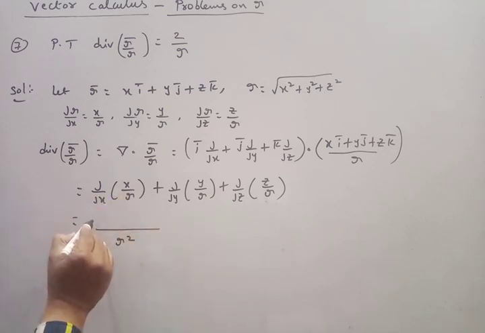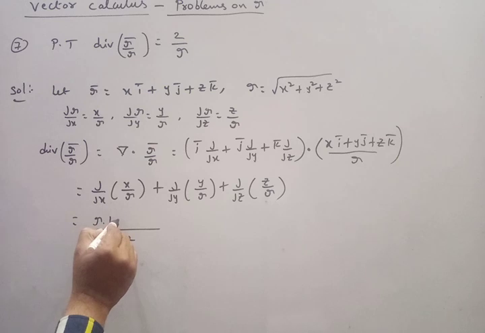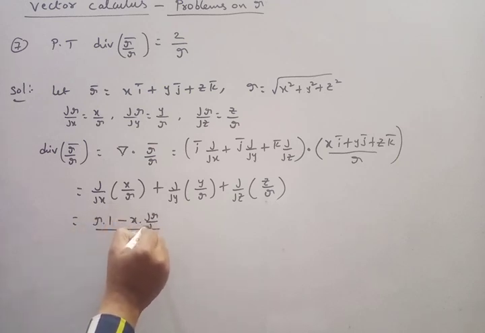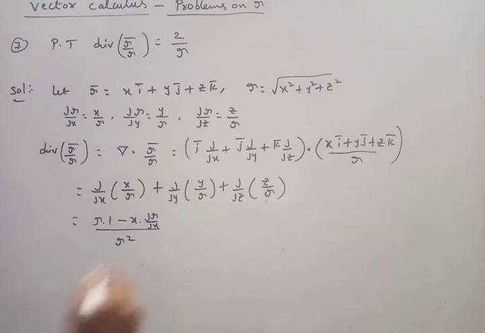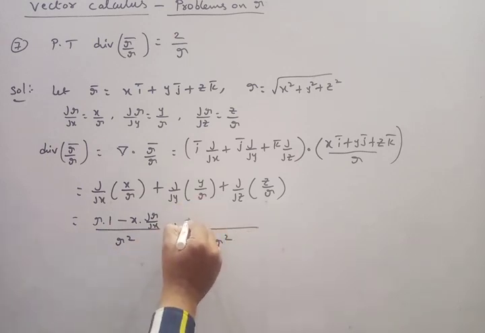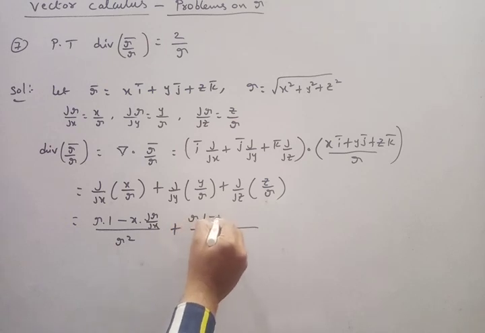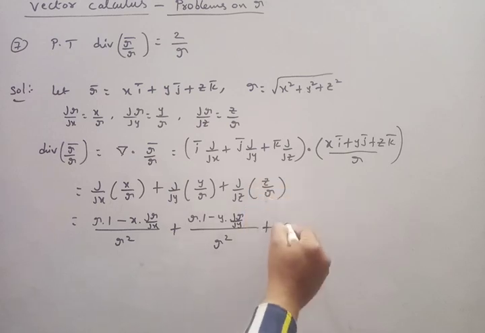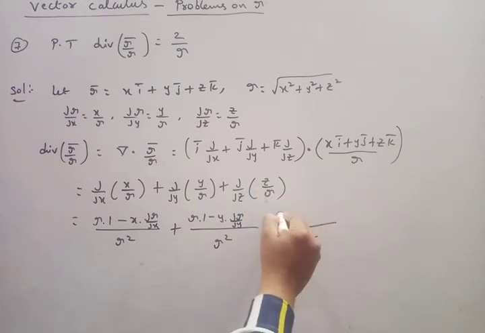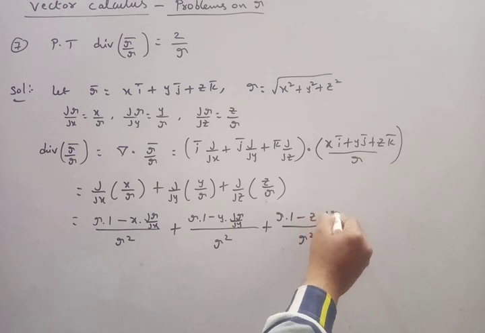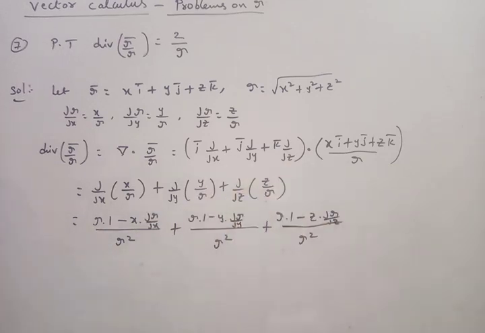u by v is v square, v into u differentiation, that is 1 into r minus x into dou r by dou x, plus here also u by v, r square, r into y differentiation 1, minus y into dou r by dou y. Here also u by v, r square, r into z is 1, minus z into dou r by dou z. Correct?